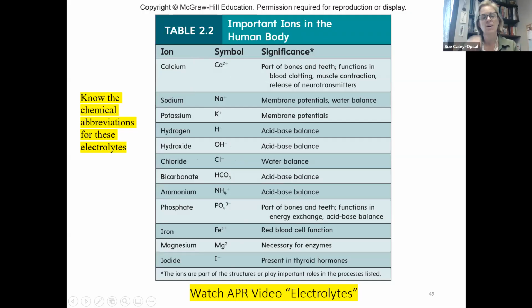We're going to talk about all of these at some point. Many of these, like the bicarbonate and the ammonium, we don't talk too much about in fall semester anatomy, so we'll do more with them next semester. We'll talk about phosphate this semester. But just know the chemical abbreviations of these electrolytes.